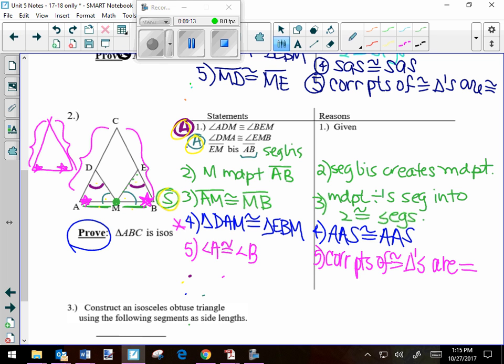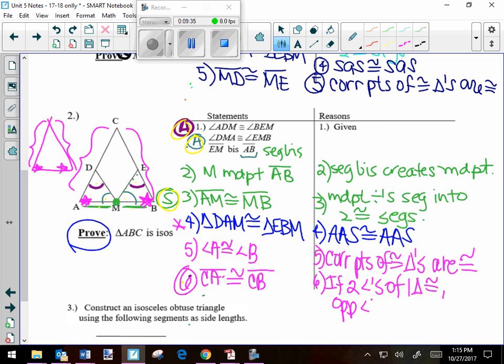So once I get those two angles congruent, I look at the big sides of this triangle, and I end up getting that side CA is congruent to side CB, because if two angles of one triangle are congruent, the opposite sides are congruent.